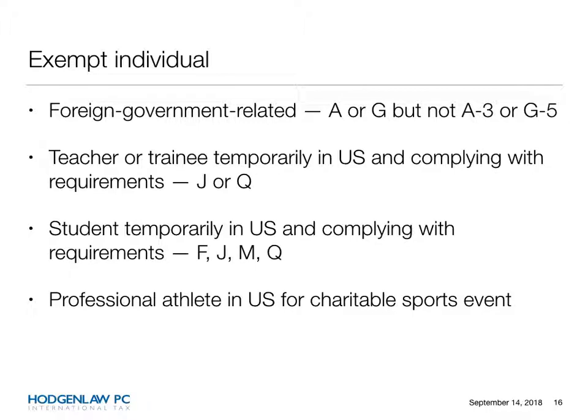Students temporarily in the US and complying with requirements, usually international students at US universities and colleges with visas F, J, M, or Q. And lastly, professional athletes in the US for charitable sports events. On a side note, if you exclude days of presence in the US for purposes of the substantial presence test because you're an exempt individual, or were unable to leave the US because of a medical condition, you must include Form 8843 with your tax return.